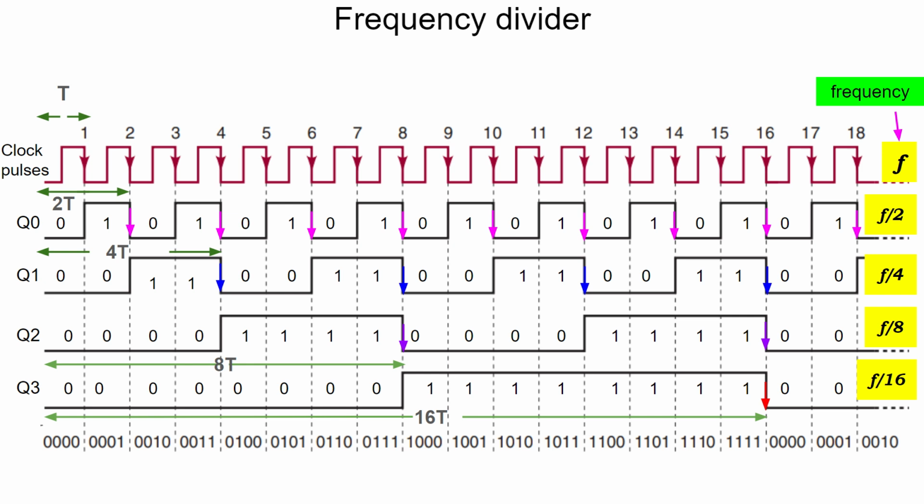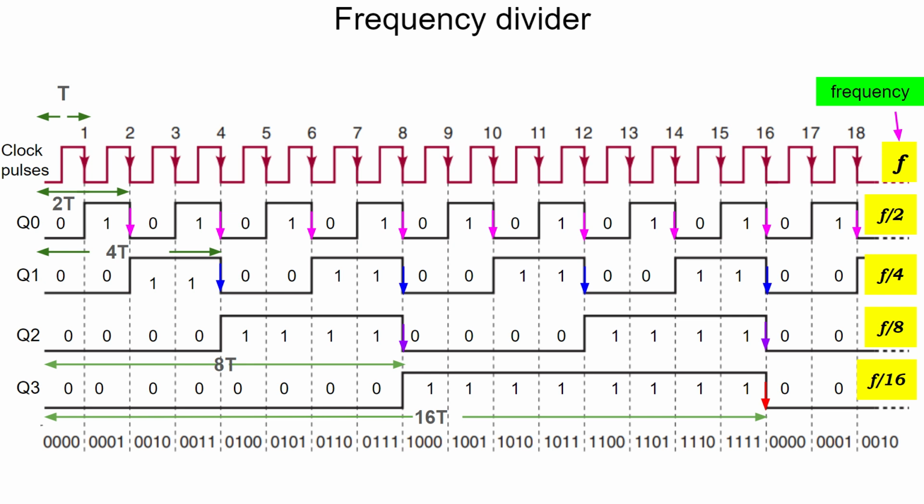As we can see from the timing diagram of the clock pulses Q0, Q1, Q2 and Q3, if the frequency of the clock pulses is equal to f, we find that the frequency of Q0 is half of the frequency of the clock pulse, the frequency of Q1 is 1/4 of the frequency of the clock pulse, the frequency of Q2 is 1/8, and the frequency of Q3 is 1/16 of the frequency of the clock pulse. So, this way we will be able to use a counter for dividing the frequency of a clock source.